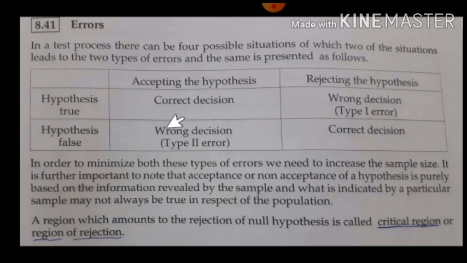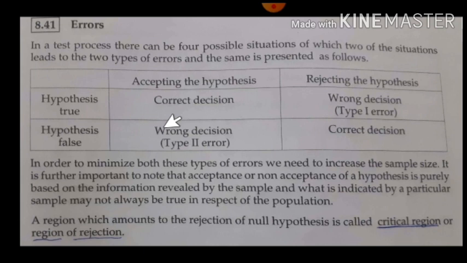Okay, if I am taking a hypothesis that the person has done the crime, so actually the assumption is true. It means he has actually committed a crime. That is the hypothesis I have taken. This hypothesis is true also.